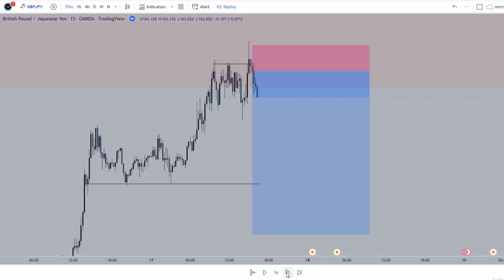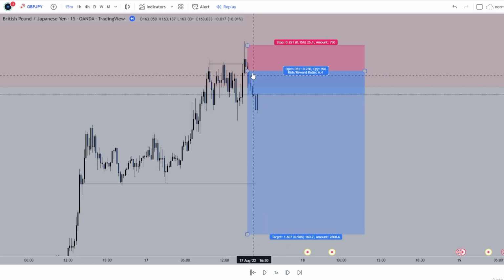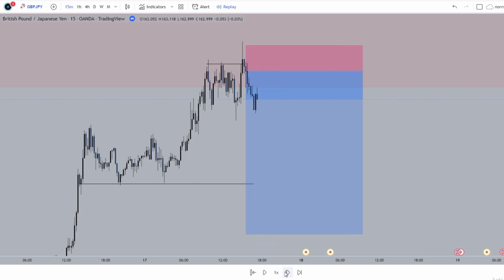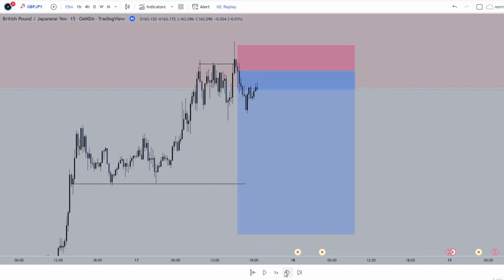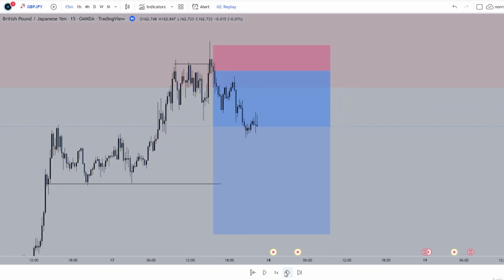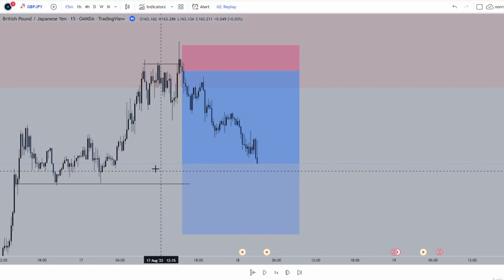So what we have here, price breaking lower here, you can move your stop to break even. And what do we see? Price just grinding lower. What happens here?